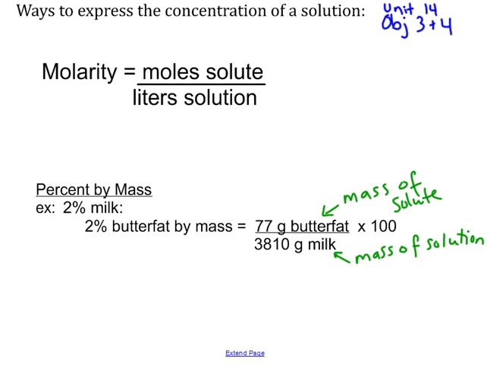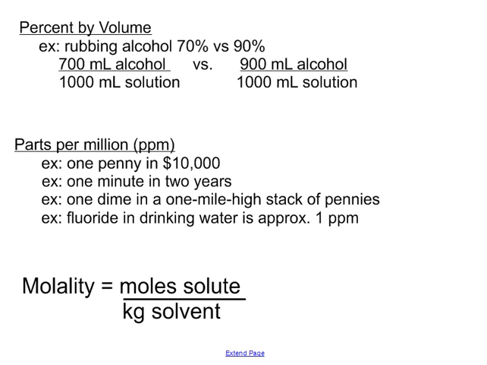Now there are a couple of other ways to express concentration. Instead of doing a percent by mass, you would have a percent by volume, where you would have the volume of the solute divided by the volume of the solution, and then of course multiplied by 100.